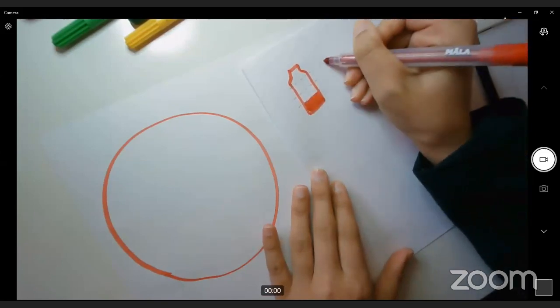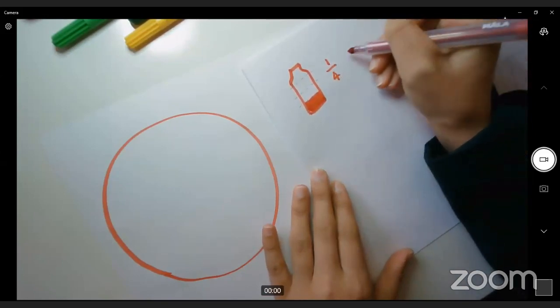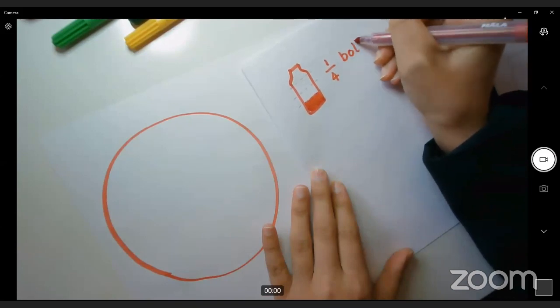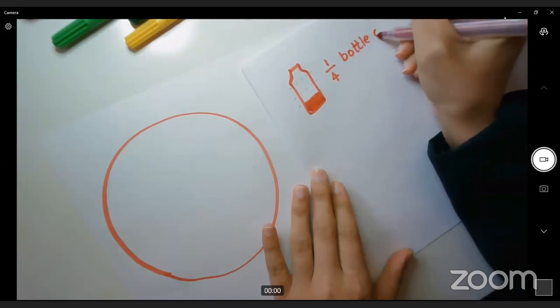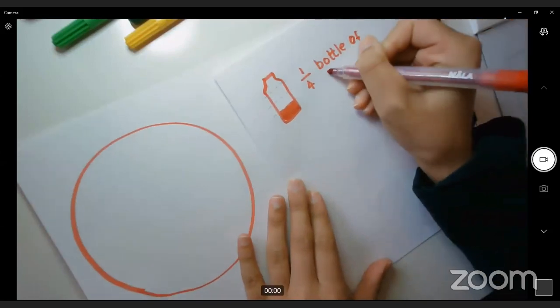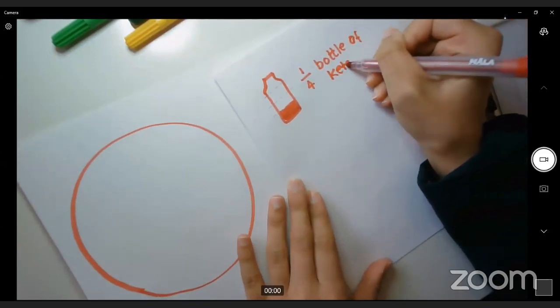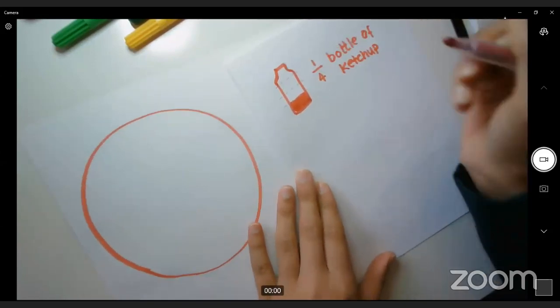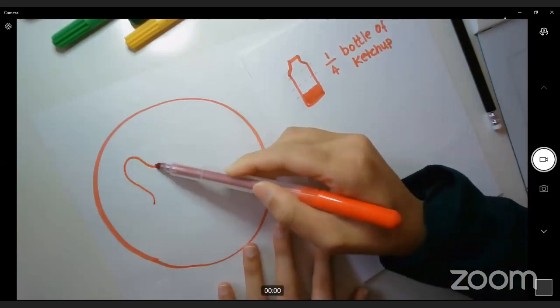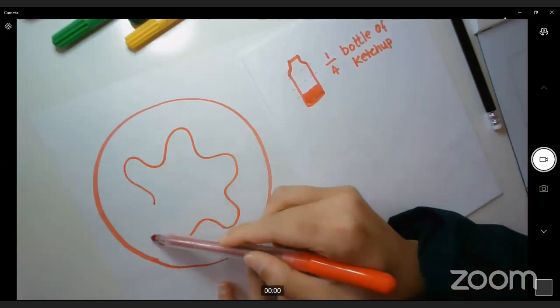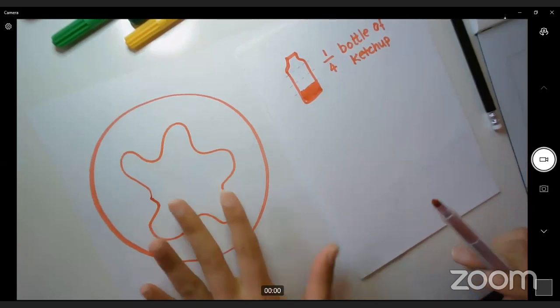So I'm going to write here a quarter bottle of ketchup. And I'm going to put some ketchup onto my pizza. Okay, that's going to be my pizza there.